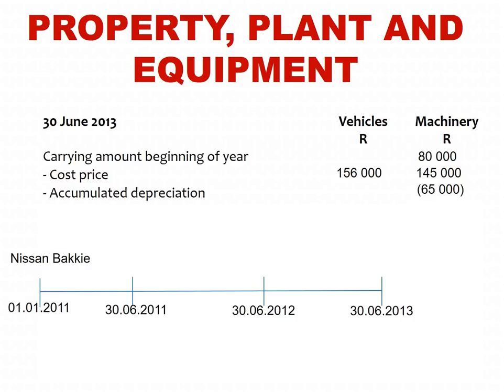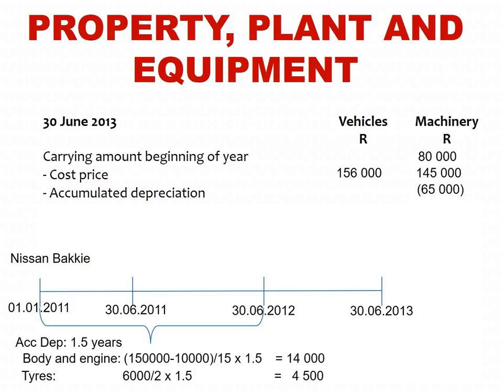So let's look at what we need to do. We have a Nissan Bucky, which was purchased on the 1st of the 1st, 2011, and its accumulated depreciation for a period of 1.5 years to the beginning of our current financial year. To calculate depreciation, we'd look at note 7 and we'd see that there are two components that make up the Nissan Bucky. We have the body and engine as well as the tires.